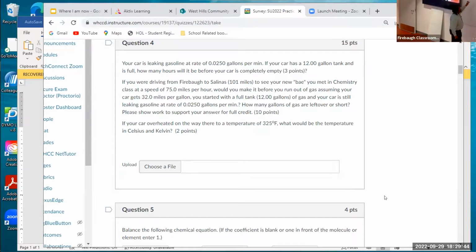Okay. So you said we have 12 gallons, and you said something about converting. Then you said we used our 0.0250.